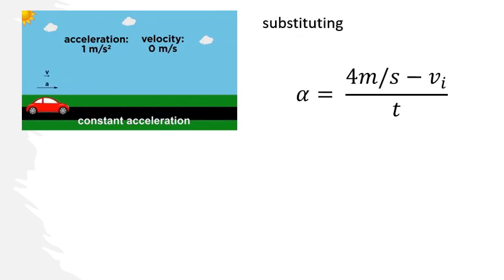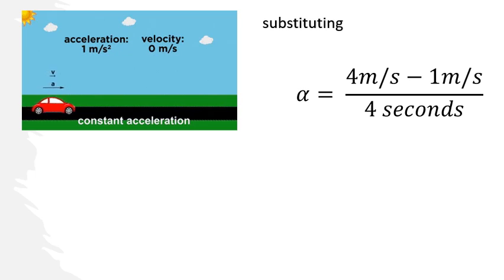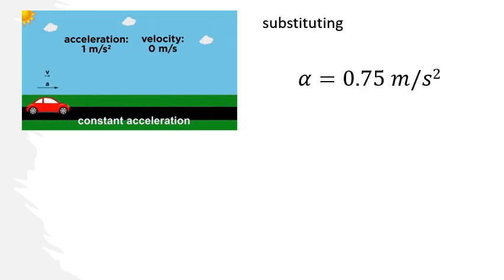So we substitute 4 meters per second as the final velocity, subtracted by the initial velocity of 1 meter per second, altogether divided by 4 seconds. And so the acceleration is equal to 0.75 meter per square second.